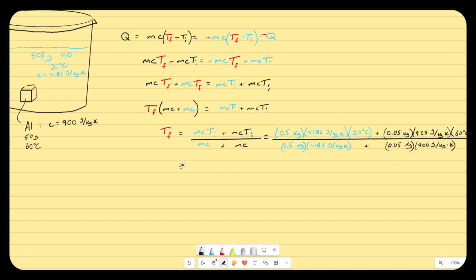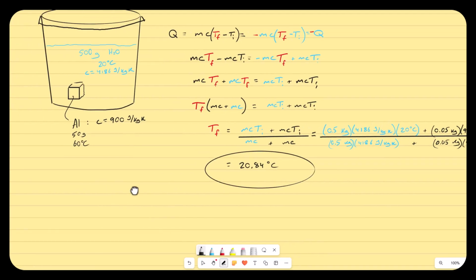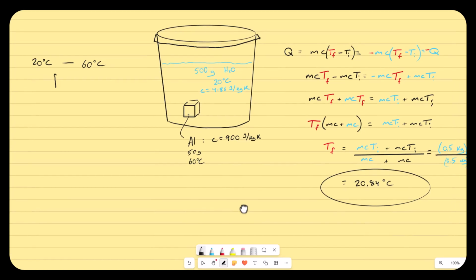And I get a final temperature of 20.84 degrees Celsius. I did end up with a number that was between 20 and 60. It's a whole lot closer to the 20 than it is to the 60, so this checks out.